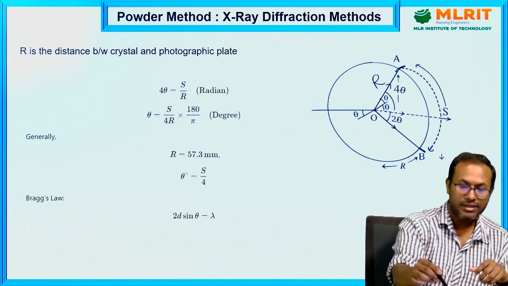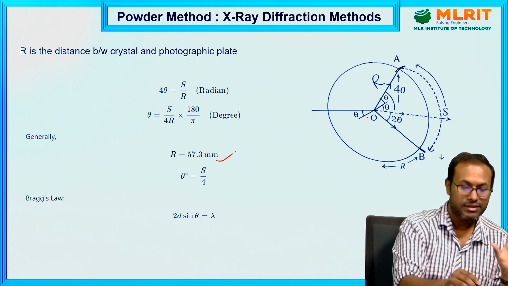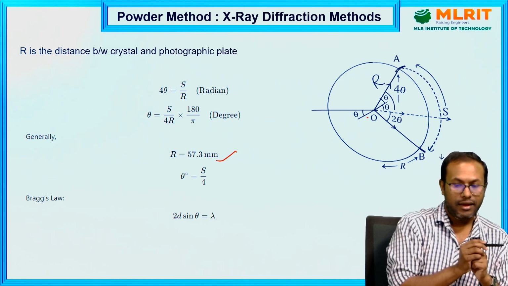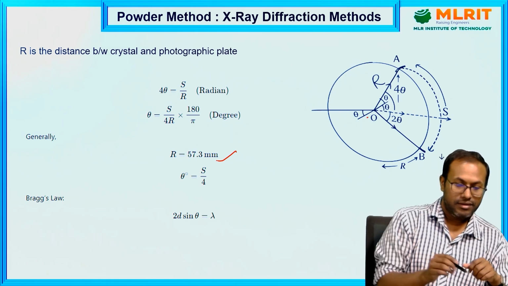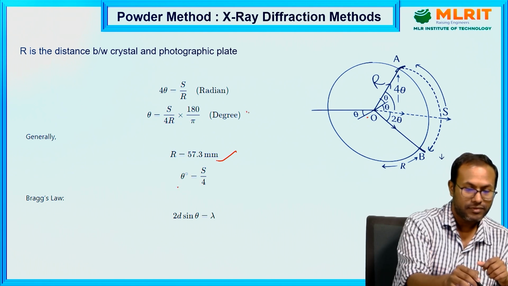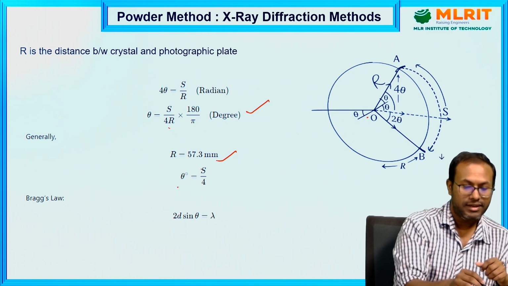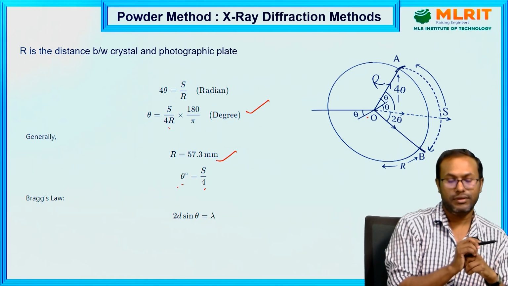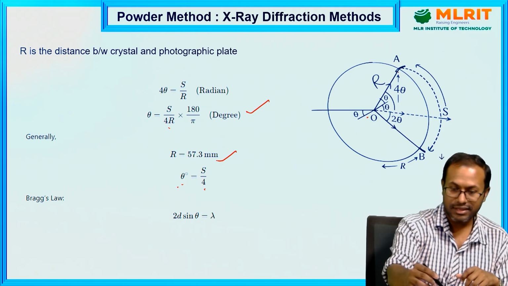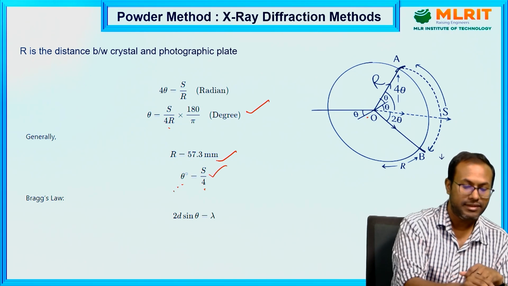In general, the distance from the crystal to photographic plate is usually taken as 57.3 millimeter. If we substitute this R value in the equation, we can easily get theta equals S by 4, right? And by scale we can easily measure the S value. If we substitute the S value, we can easily get the theta value.